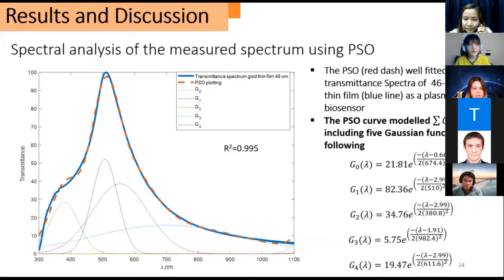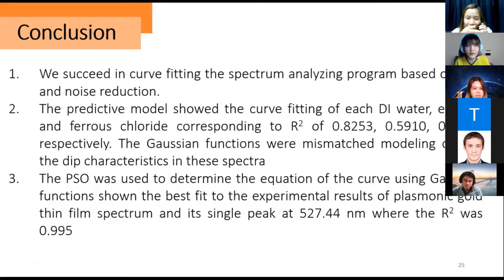So the conclusion of this research: we succeeded in curve fitting for the samples with the PSO. Second, the R square of the water is 0.8253, ethanol is 0.5910, and the ferrous chloride is 0.6101.